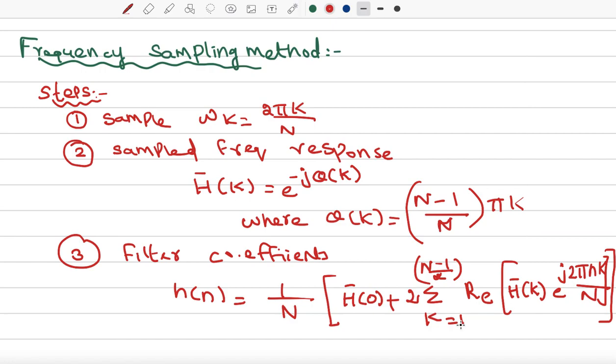By these three steps we can design a frequency sampling method.